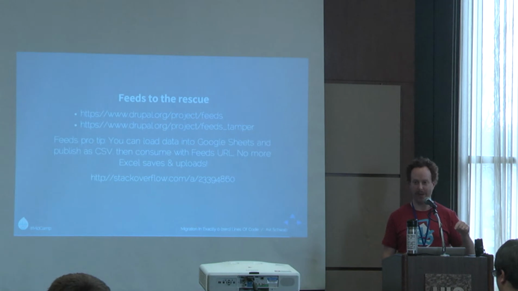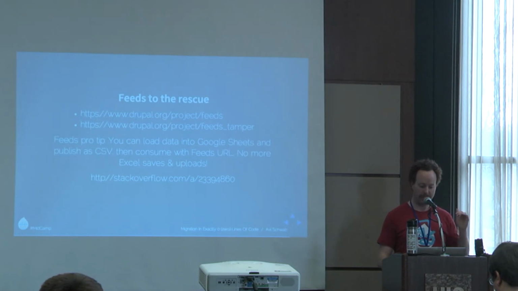You hit the import button and it just sucks up the new CSV. It's amazing, it's magical. There's a Stack Overflow article here about how to get that URL because it's a little bit harder. Do you have to redo that every time you make an update? You do that URL once, and then you just hit import. It'll change your lives.